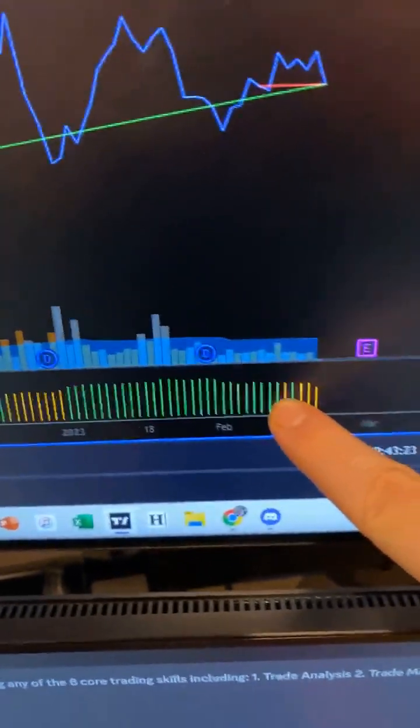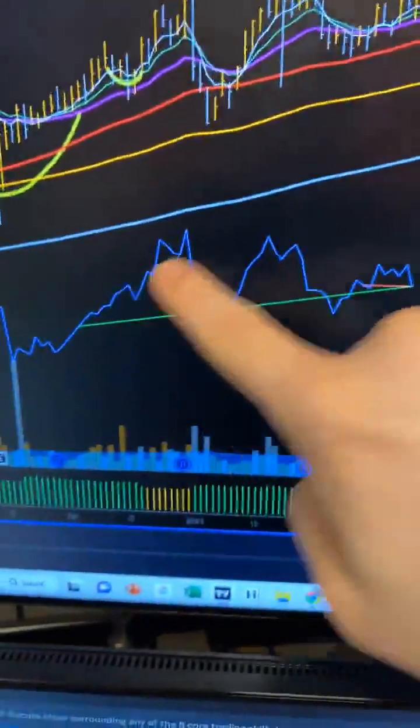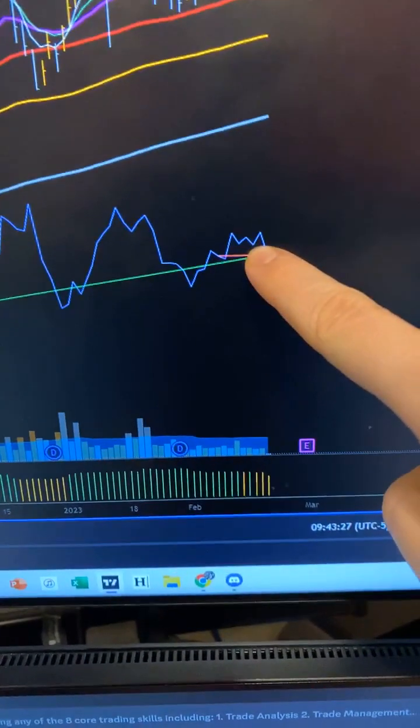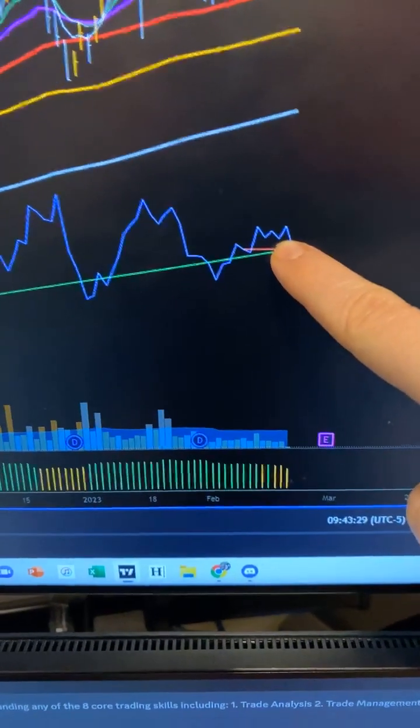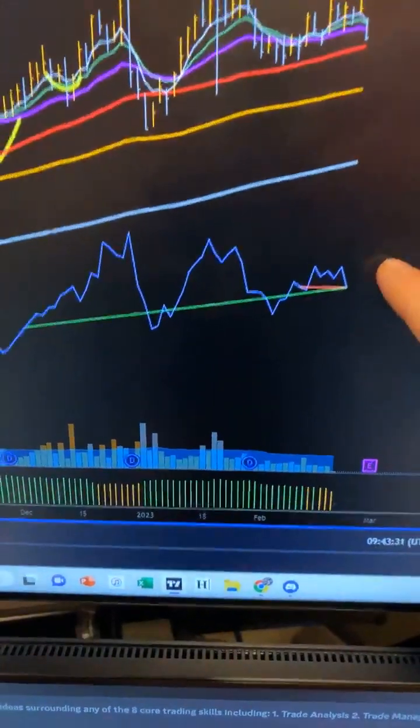But the indicators that I have here on these charts, flip this back around. I mentioned this yesterday. So down here, that's the percent daily range. It's just telling me how volatile the stock is. This line here, that's the relative strength versus the S&P 500. It lets me know if the stock is a leader or not.